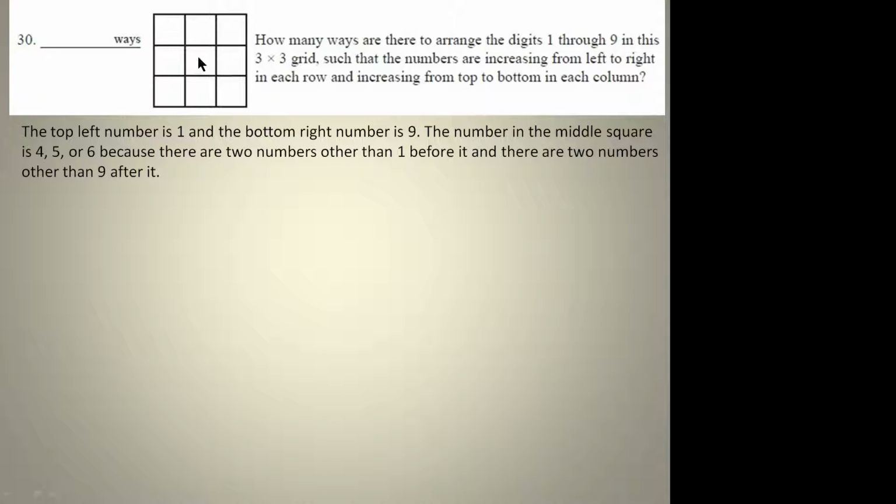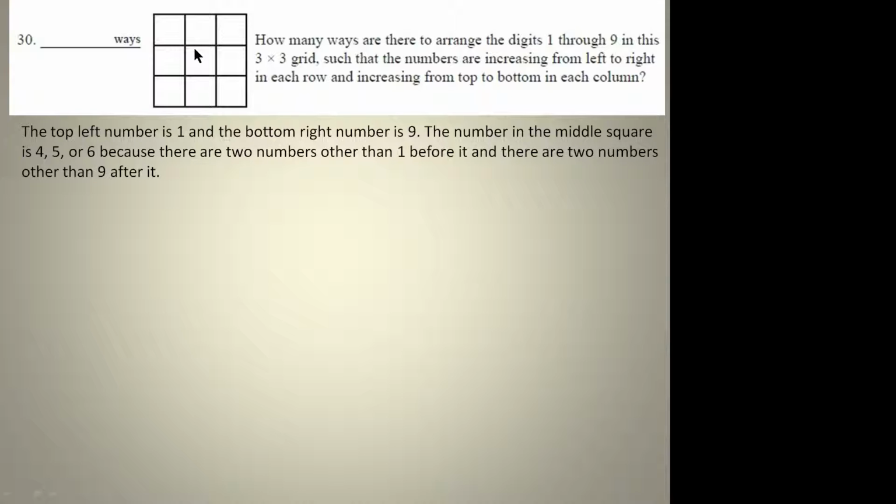A lot of special squares in the middle. So let's see the middle. Because here that's 1, this is smaller than the middle, and this is smaller than the middle. So at least there are 2 numbers smaller than the middle, so the middle number is at least 4.